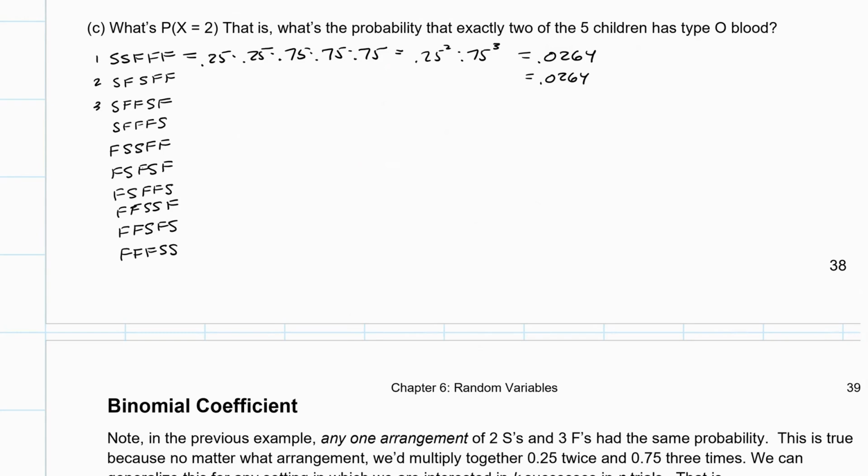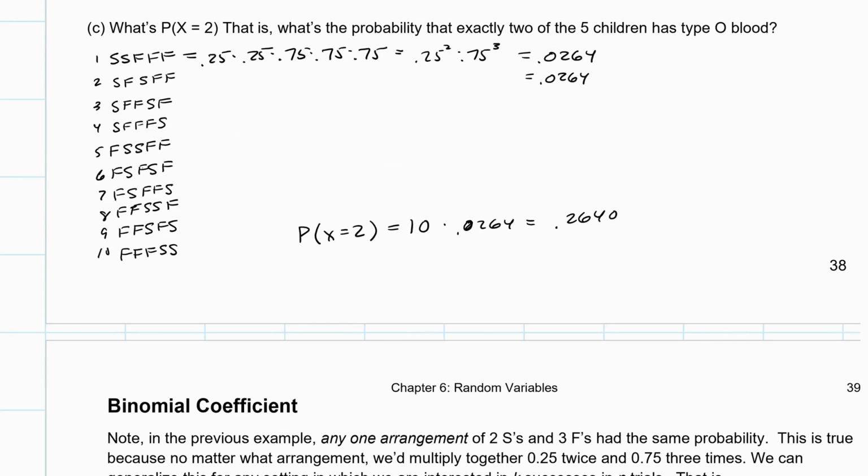One, two, three, four, five, six, seven, eight, nine, 10 of them. So we may think of the probability of having exactly two successes as this number 10, because there's 10 different ways to have two successes out of five tries, multiplied by the 0.0264, and that ends up being 0.2640.